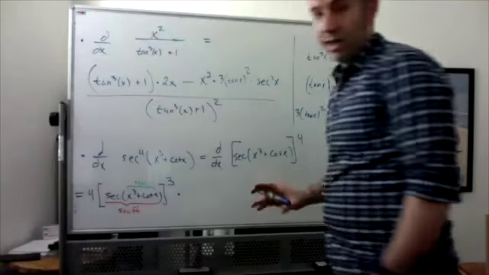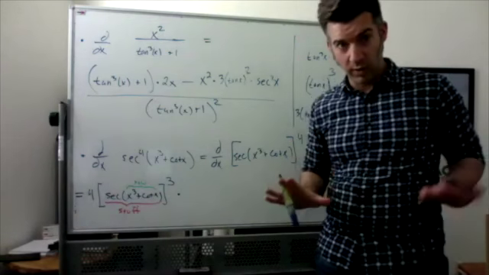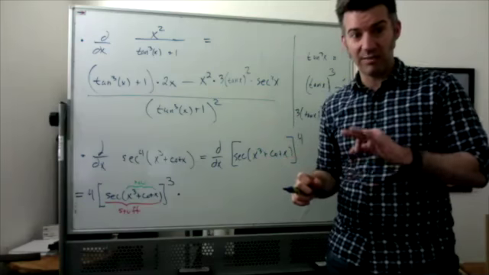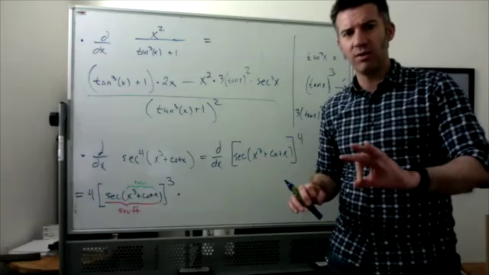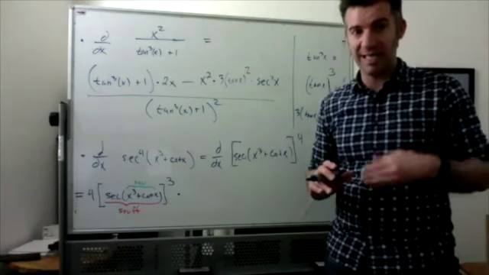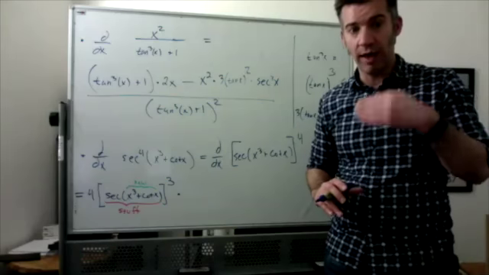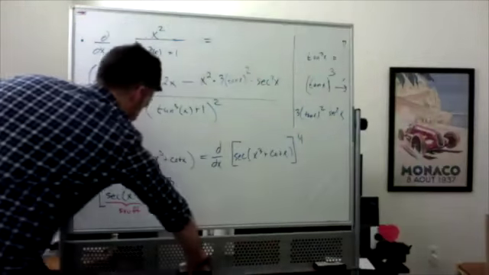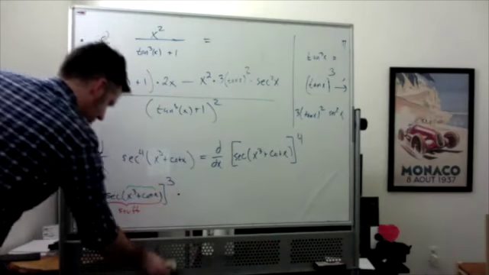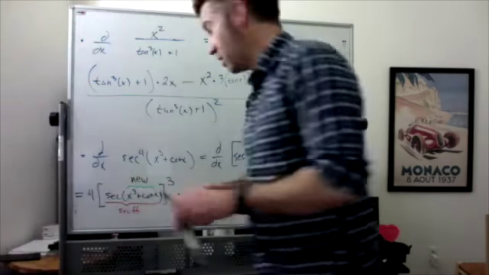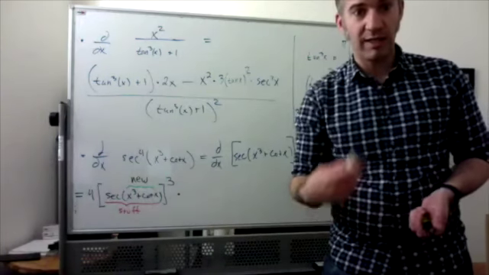Secant and cosecant are especially kind of weird. The derivative of secant of x is secant of x times tangent of x. And I really encourage everyone, when you're saying that in your head, to not just say secant tangent, but to actually say secant of x tangent of x. Let me just use black. The derivative of secant of x is secant of x times tangent of x.